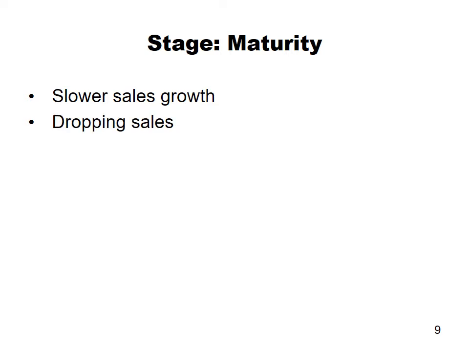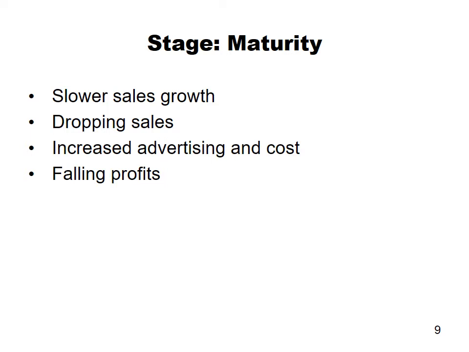At the stage of maturity, there will be slower sales growth or even dropping sales. There will be increased advertising and costs to operate these services, and even falling profits. So the competition here is the most intense.